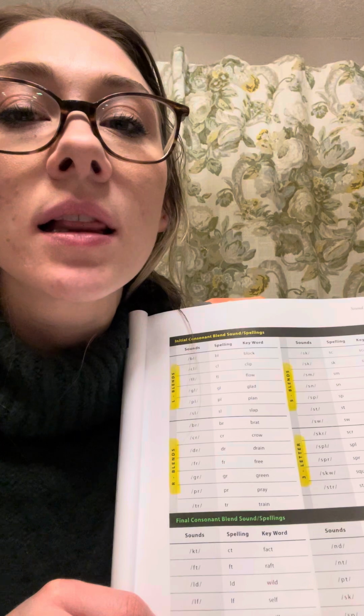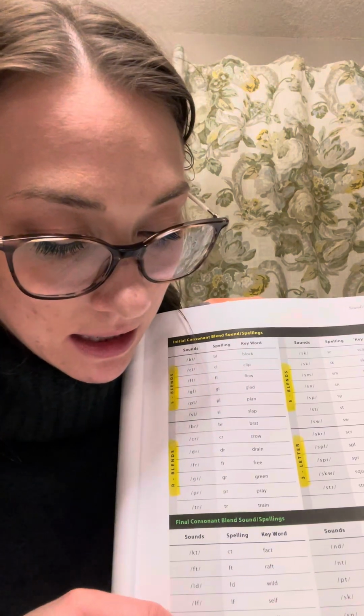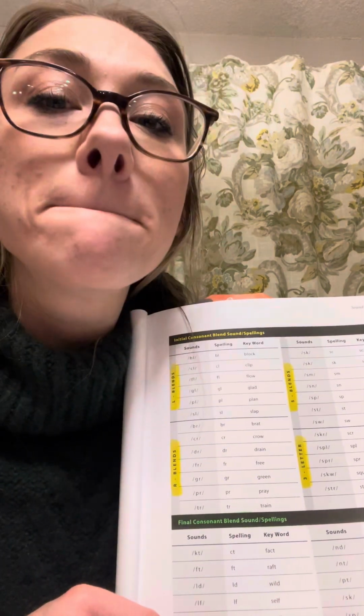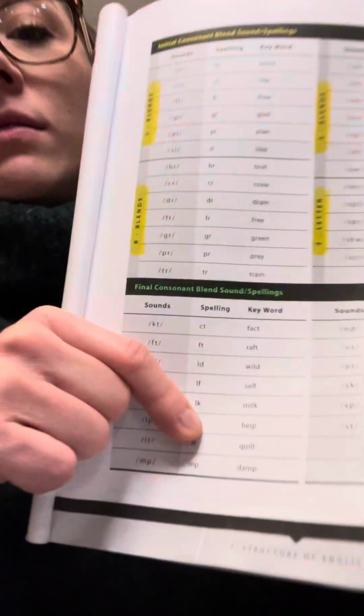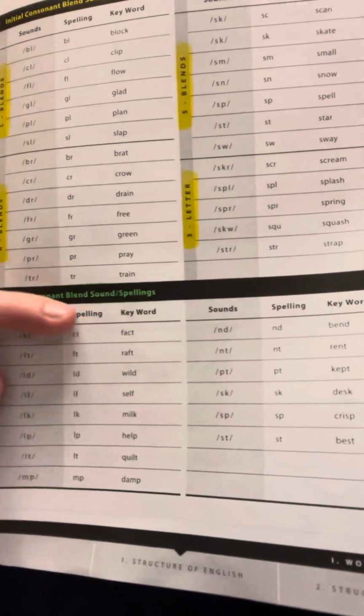Lt, like quilt, represented by the letters LT, quilt. Last but not least, this is represented by the letters MP, like in the word damp.